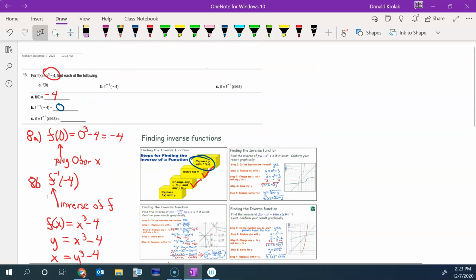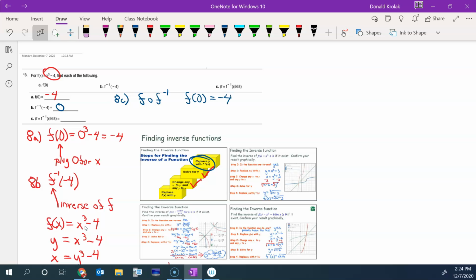All right, now 8C, if you know what you're doing, doesn't require any work. Let's look at what an inverse does. If you look at the first problem here, you're told that f of 0 is negative 4.